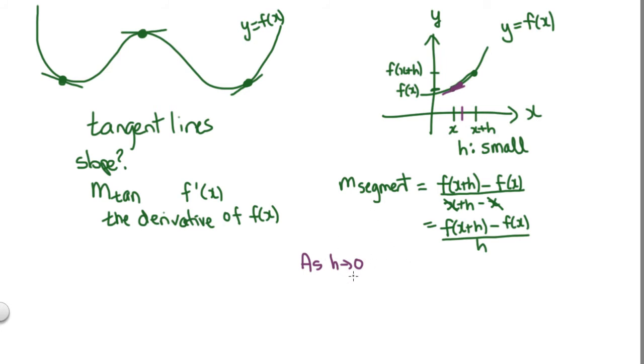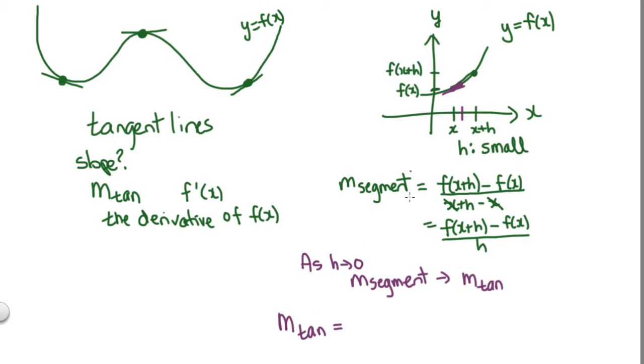So as h goes to 0, the slope of the segment starts to approach the slope of the tangent line. And the way we can write that mathematically is to actually give a formula for the slope of the tangent line that involves a limit.